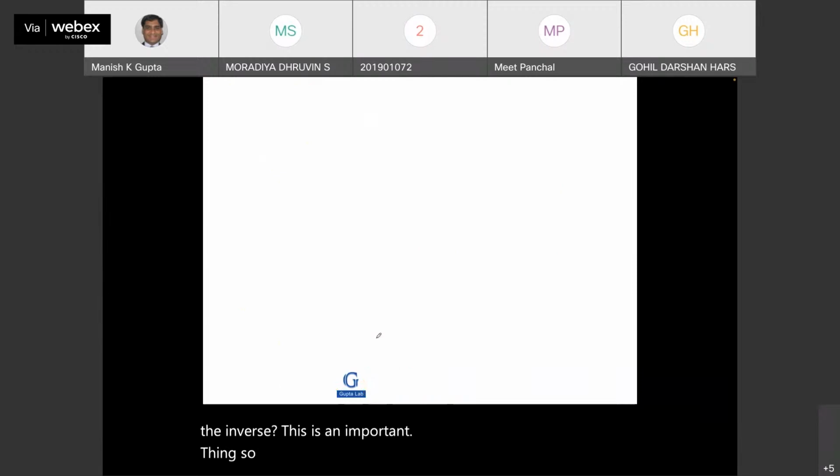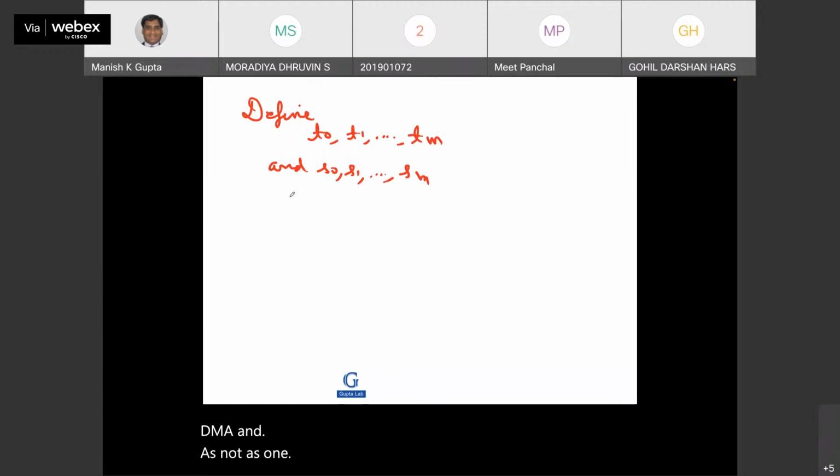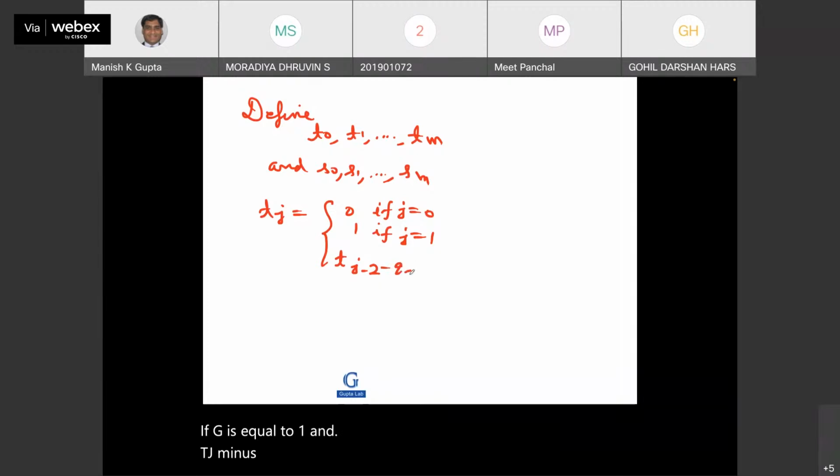So let me give you some results. Define two sequences of integers t0, t1, ..., tm, and s0, s1, ..., sm, such that tj is 0 if j is equal to 0, 1 if j is equal to 1, and t(j-2) - q(j-1) t(j-1) if j is greater than or equal to 2.